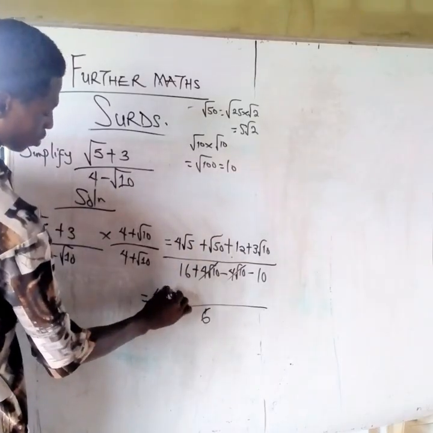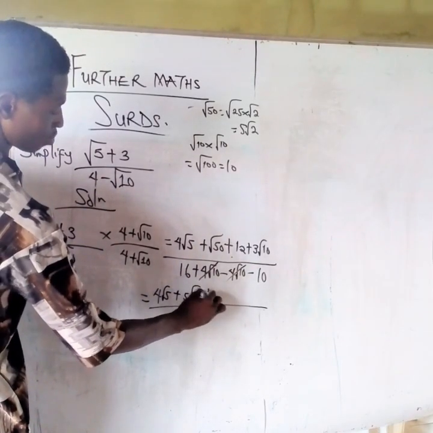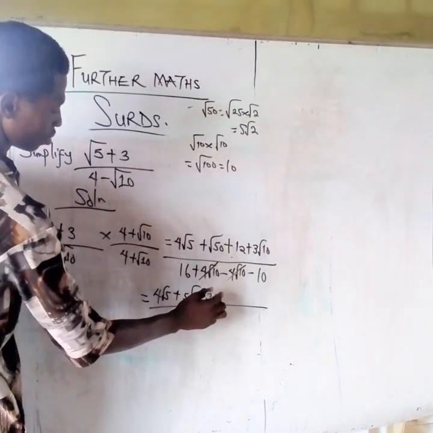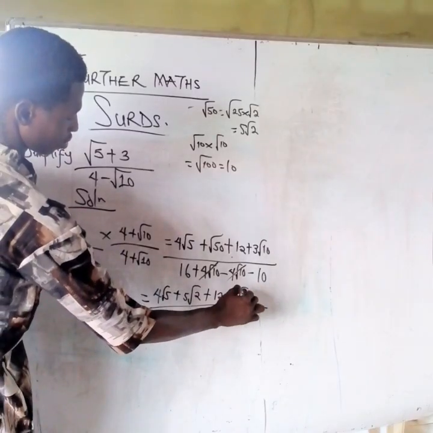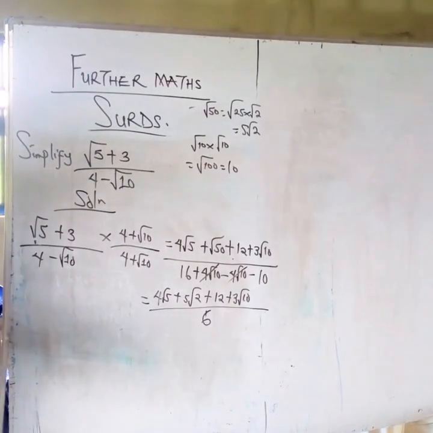So it becomes plus 5 root 2 plus 12 plus 3 root 10. Okay, so we are still going to simplify that and make it a smaller number, so it will be easier to deal with. I guess you're following. Is it making sense?